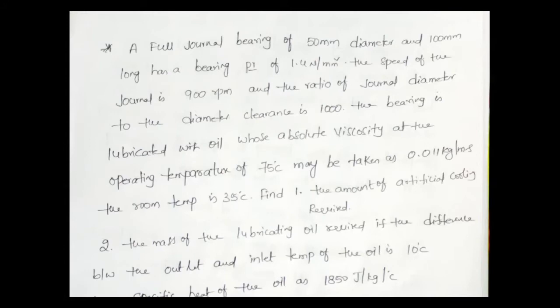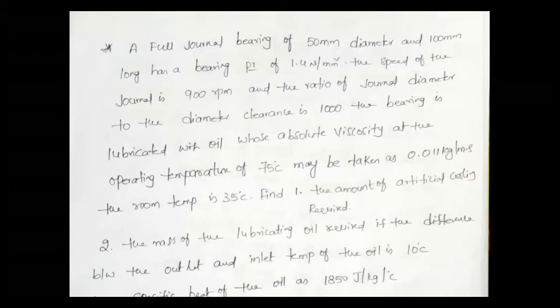We have a problem: a full journal bearing of 50 mm diameter and 100 mm long has a bearing pressure of 1.4 Newton per mm square, and the speed of the journal is 900 RPM. The ratio of the journal diameter to the diametral clearance is 1000.